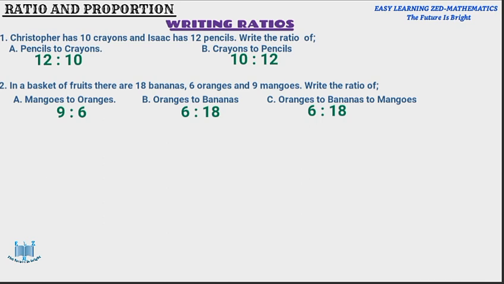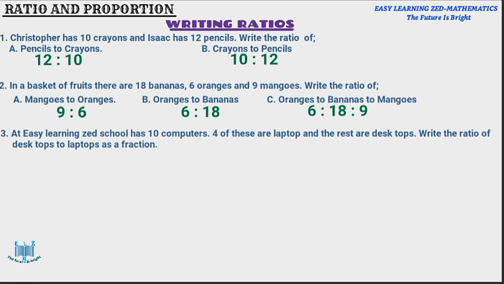Then two dots, how many mangoes? We are told mangoes are 9. So the ratio of oranges to bananas to mangoes is 6 to 18 to 9. That's the ratio.